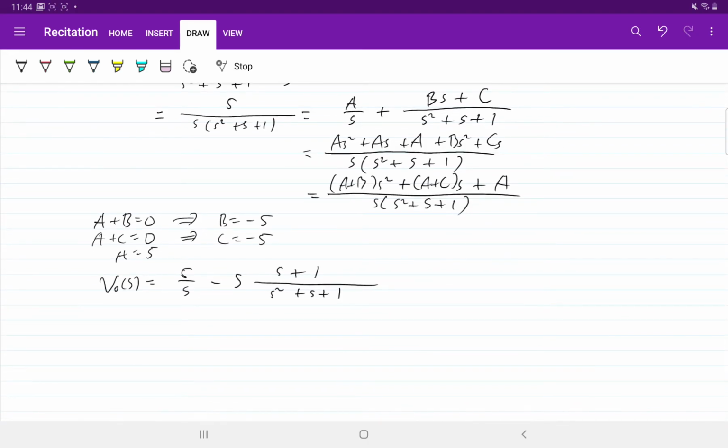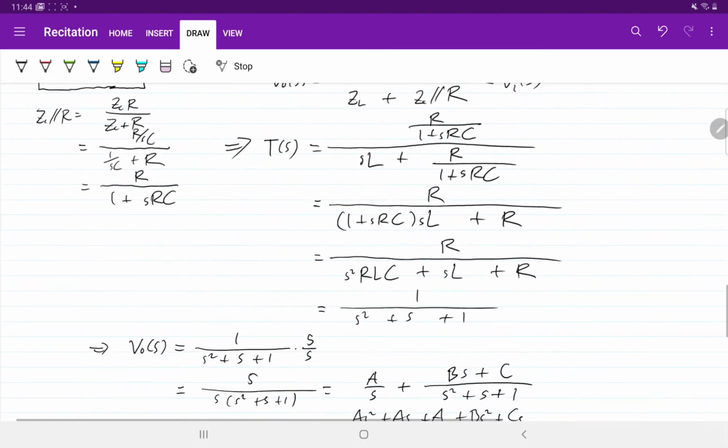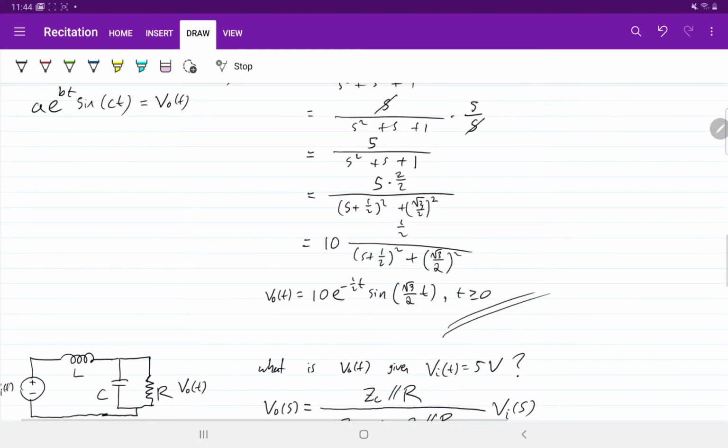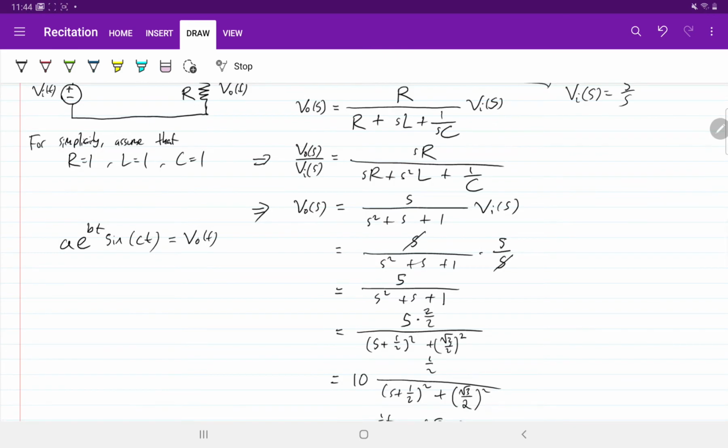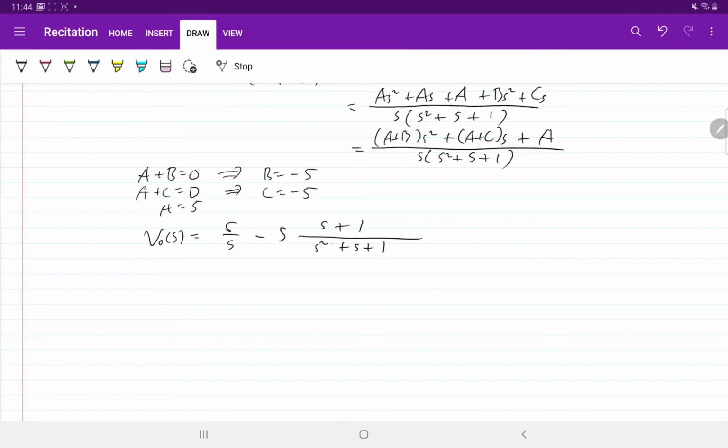Okay, so look over here. It is similar to the previous problem. So the solution might be something like this. We will have another term, e to the power of bt cosine ct, something like that. So we just need to work on this fraction, 5 over S minus 5 times S plus 1. We know that the denominator is S plus 1 half squared plus square root of 3 over 2 squared.